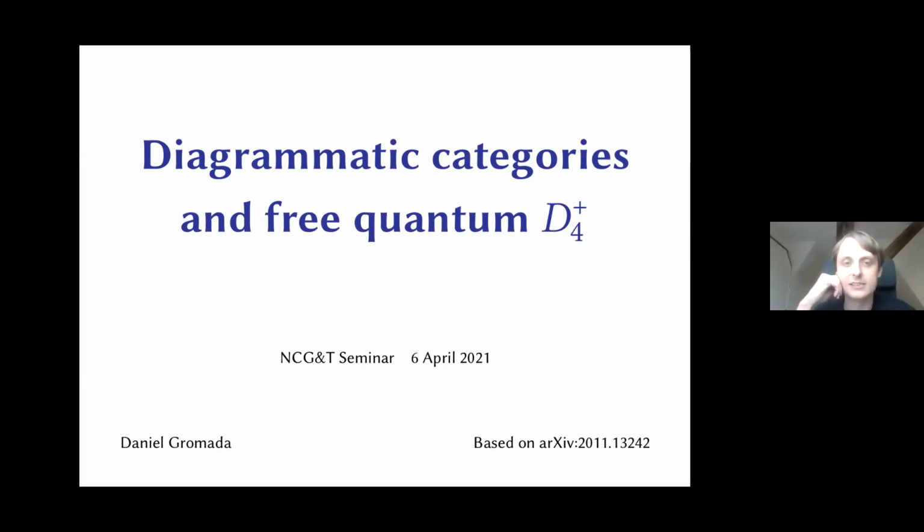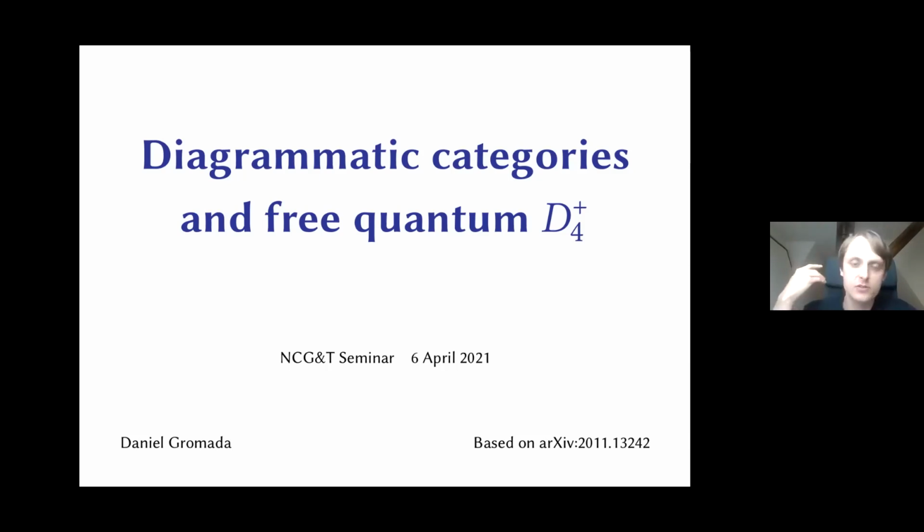So I will talk about diagrammatic categories and quantum groups, which is also basically the topic of my PhD thesis that I did in Saarbrücken in Germany. In the first part of my talk, I will do some general introduction to this and show how categories and quantum groups are connected together and how we can apply this theory to quantum groups.